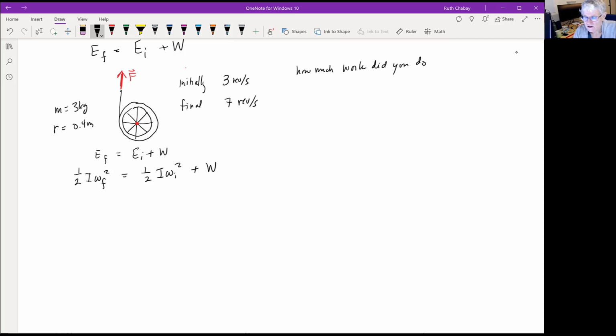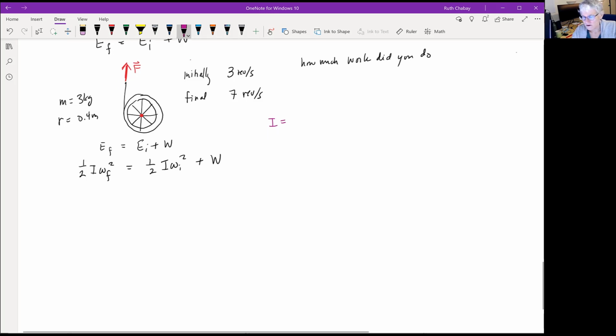So we need to actually figure out some quantities here. We need to know the moment of inertia, and we need to know the initial and final angular speed, right? The moment of inertia is just going to be, well, this is our hoop that we've been talking about where the mass is all the same distance away.